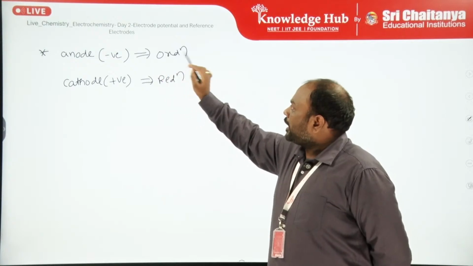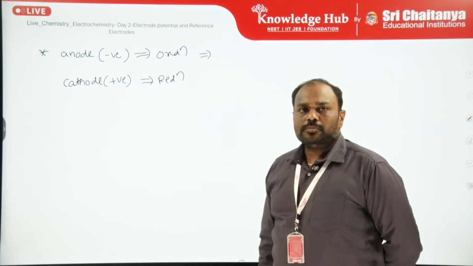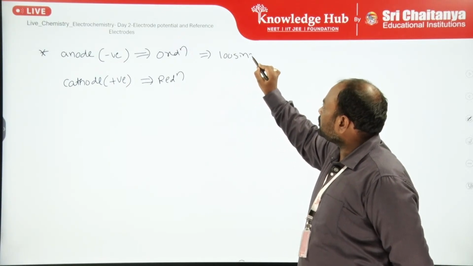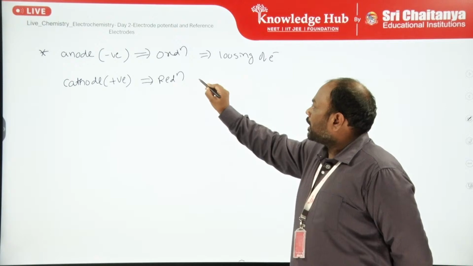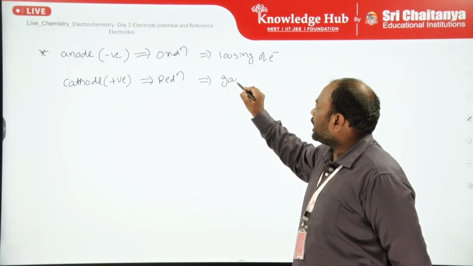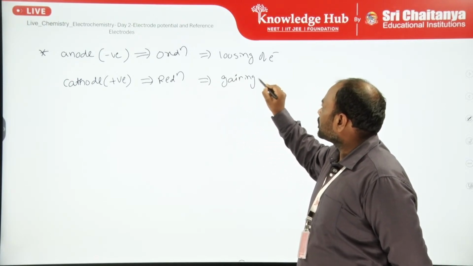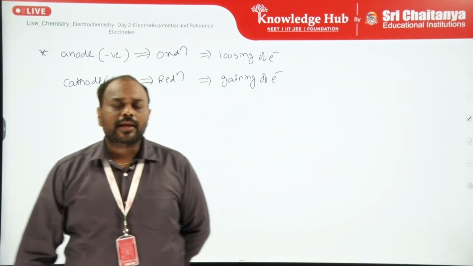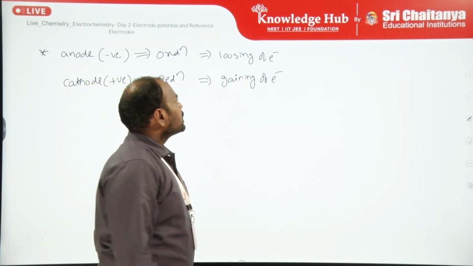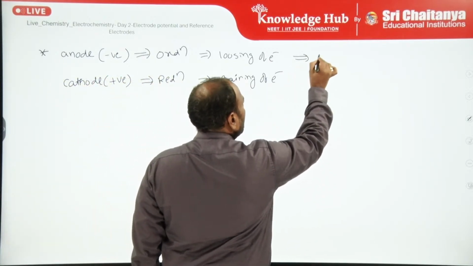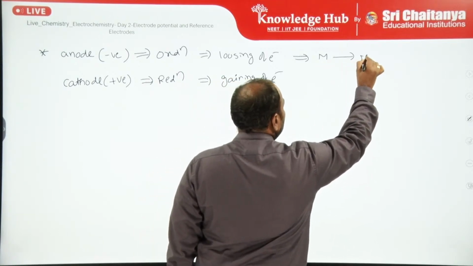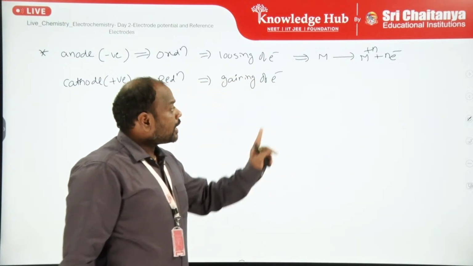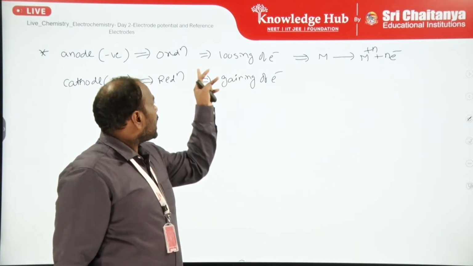Now, at anode what happened? Oxidation reaction takes place. Oxidation means losing of electrons. Reduction means gaining of electrons. Losing of electrons is known as oxidation, gaining of electrons is known as reduction. Suppose M turns to M^n+ plus n electrons. Electrons are lost, so that's why that is known as which reaction?